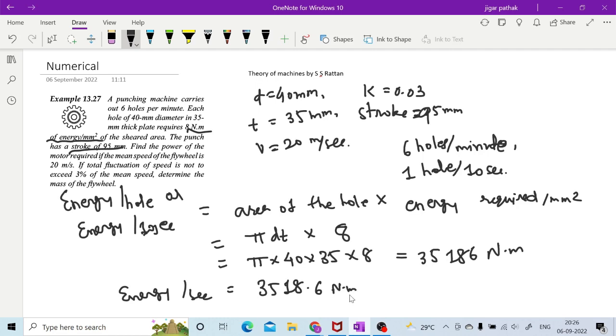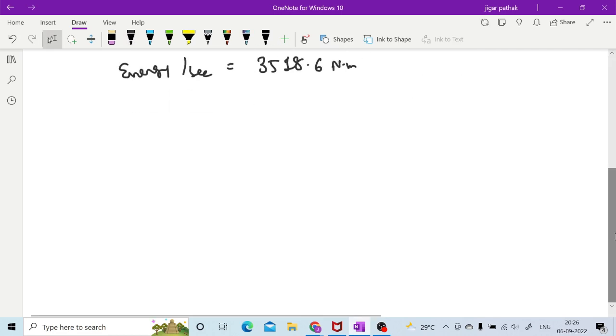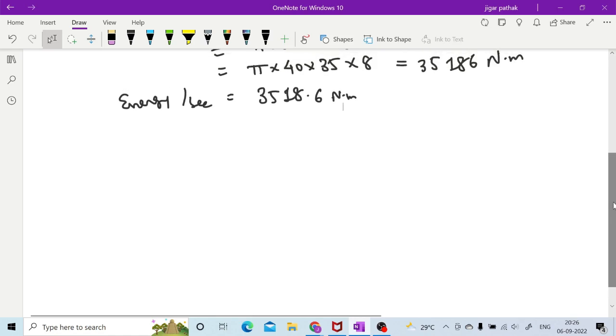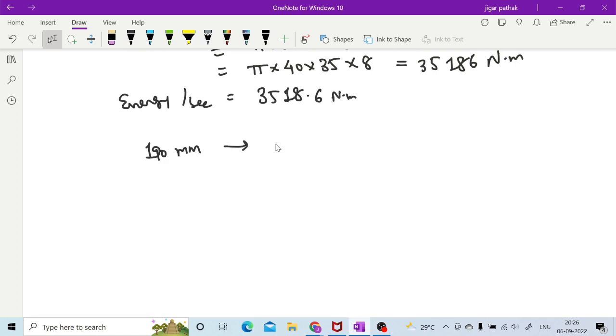Now what you have to check is what will be the time for your operation. Because 190 mm is the total distance: you have 95 mm of stroke, so that is 190 mm of total distance which is traveled in 10 seconds.